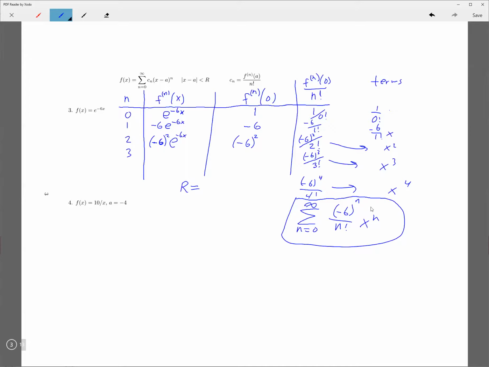Okay, so if you do the ratio test here, what happens when you have a geometric term in the numerator and n factorial in the denominator? What happens? Your series is going to converge. No matter how big this numerator is, it's going to converge. So your radius of convergence is infinity. And the ratio test would probably be the way to verify that, if you felt like it.